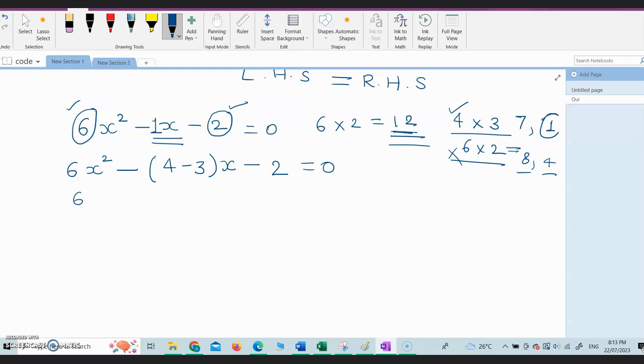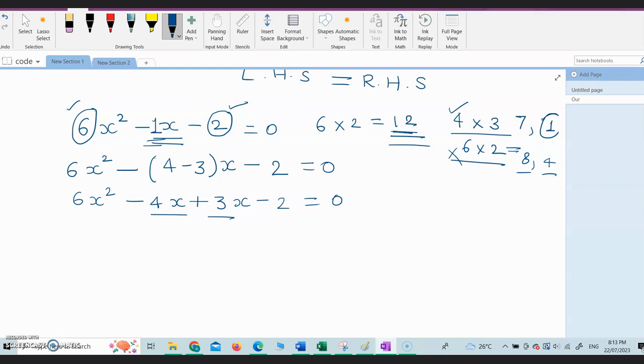Now it will be 6x square minus 4x, minus minus plus, so it will be plus 3x minus 2 equals to 0. So what we did here, the middle term was earlier 1, we split it into two parts, and still it is 1. Minus 4x plus 3x is 1x only. But now we can get the factors.